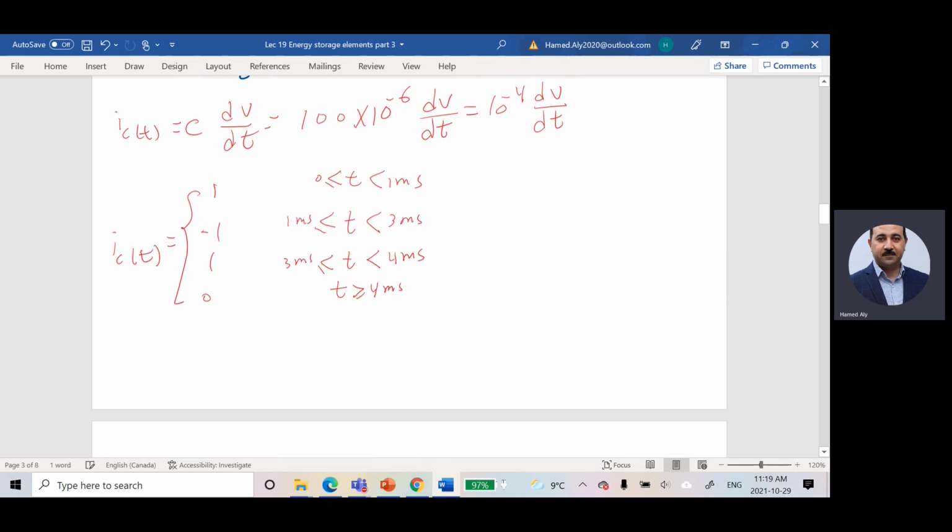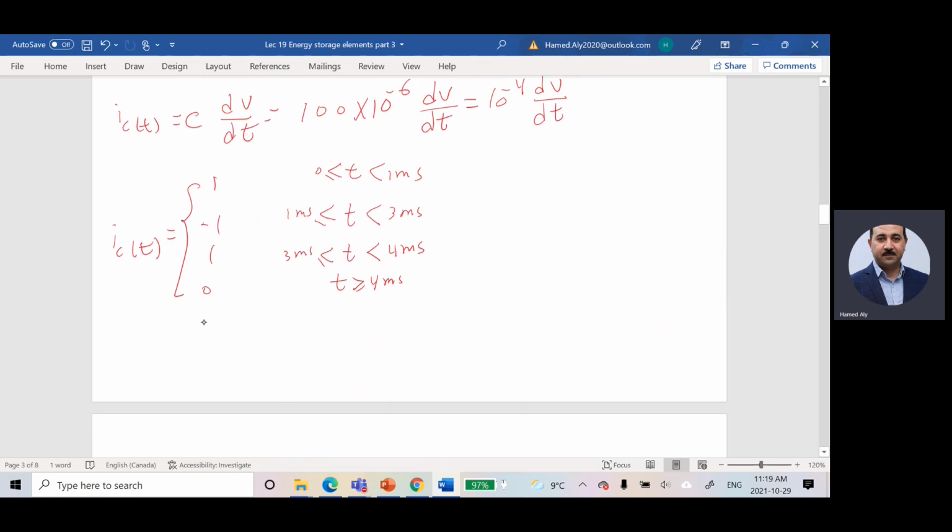If you would like to draw that, I didn't ask you to sketch it. If this is t in millisecond, and we have here 1, 2, 3, 4, and this is IC of t in amps. From 0 to 1, I have 1. From 1 to 2, I have negative 1.